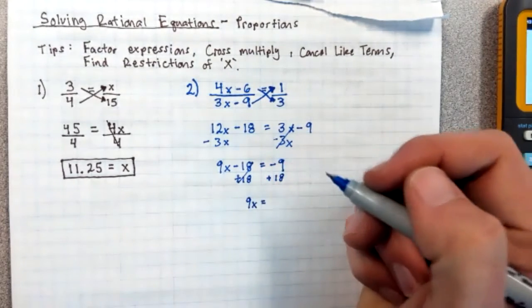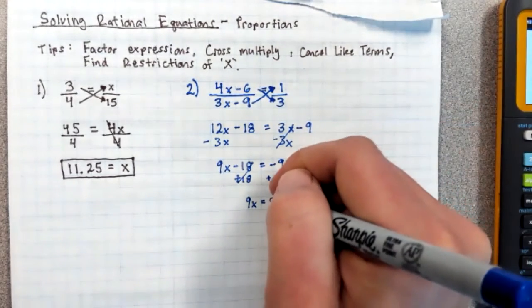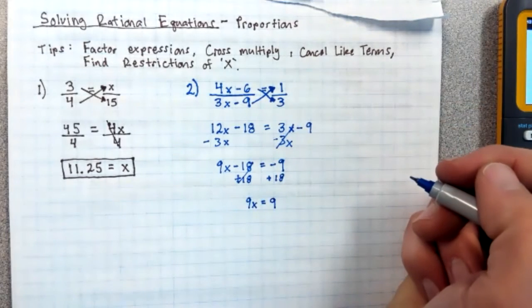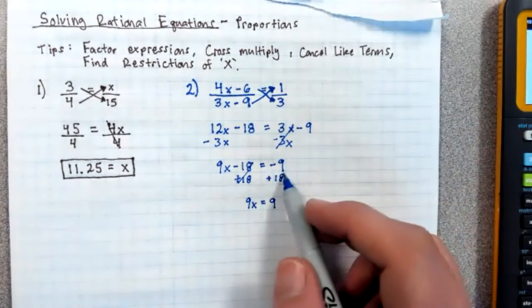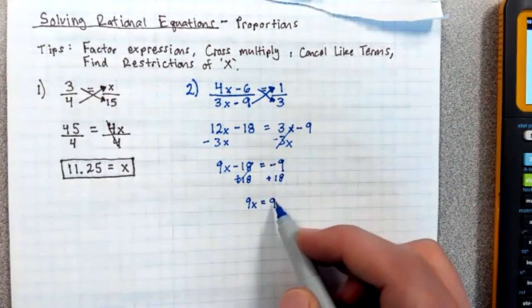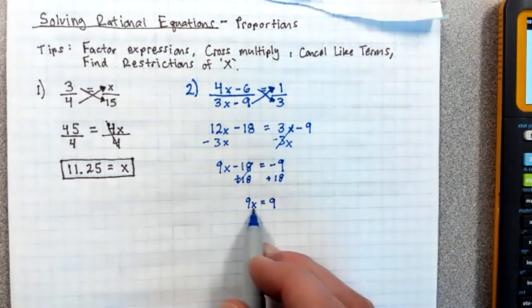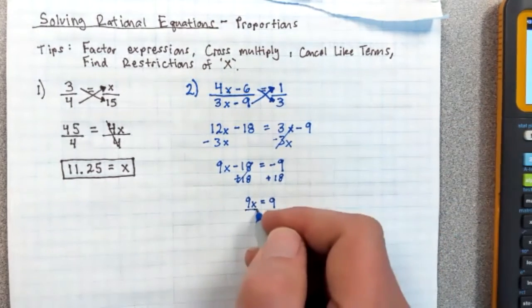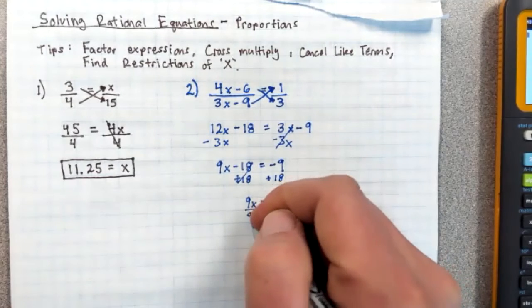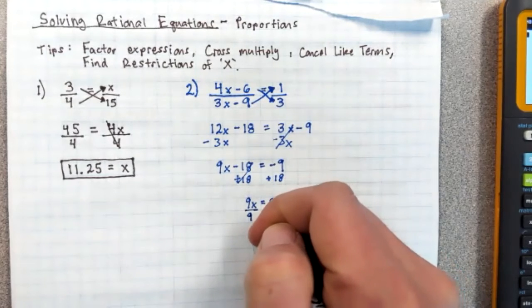Maybe we'll create this equation, 9x equals 9, because of course, -9 plus 18 is just 9. Last step here, to get x all by itself, we just need to divide by 9. And we'll be left with, finally, our solution, x equals 1.